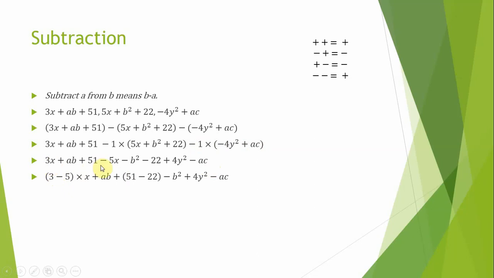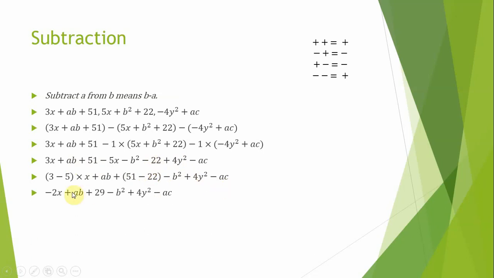So here we have a 3x and we have a 5x. Have a look at the symbols. So this is a positive 3 and this is a negative 5. So 3 minus 5 into x. We write the other terms as they are, and then the next like term is 51 minus 22.